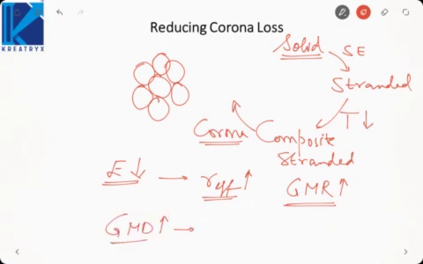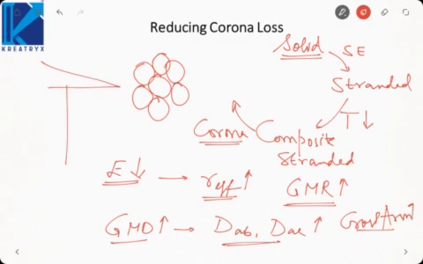But to increase GMD, the distance between the conductors, that is DAB and DAC, must be increased. To increase the distance between the conductors, the cross arm length of the tower must be increased. Cross arm is like this. So this is the length of the cross arm. This must be increased, but any modification in the design of the tower is highly unrecommended because it increases the cost of the system.